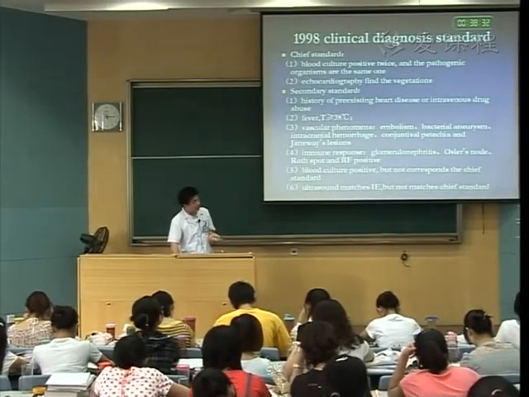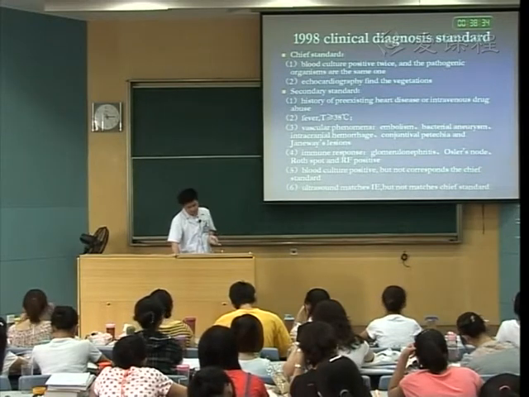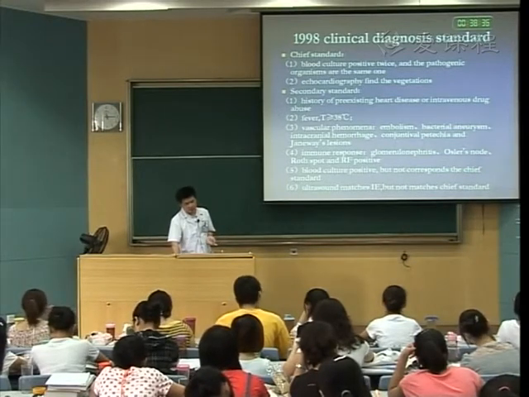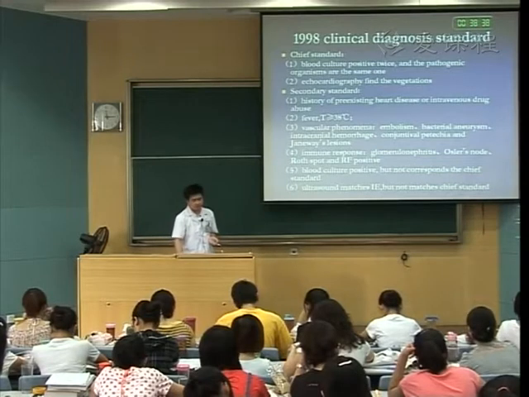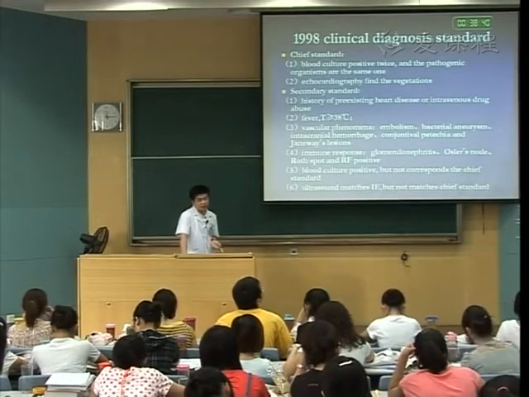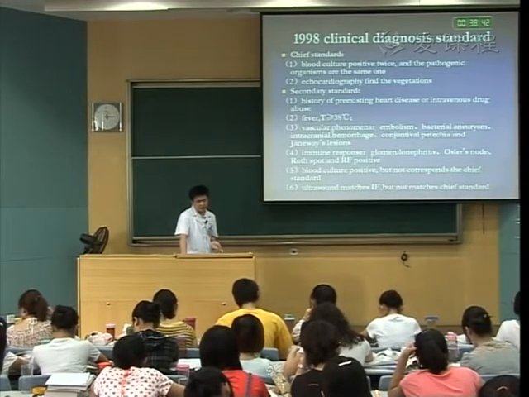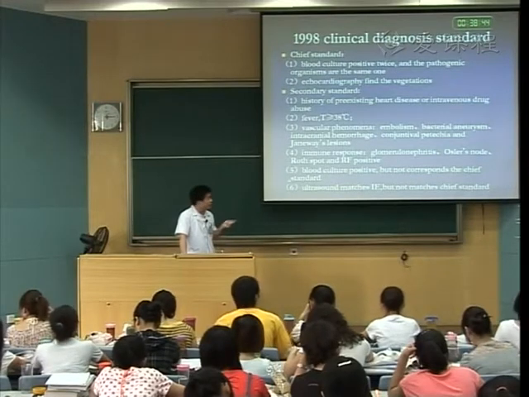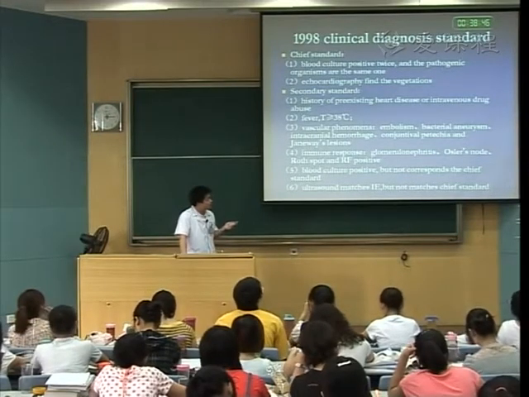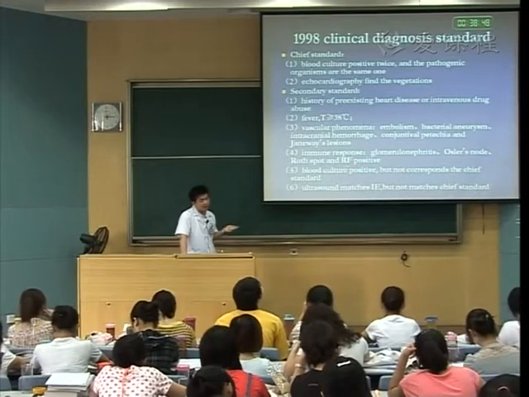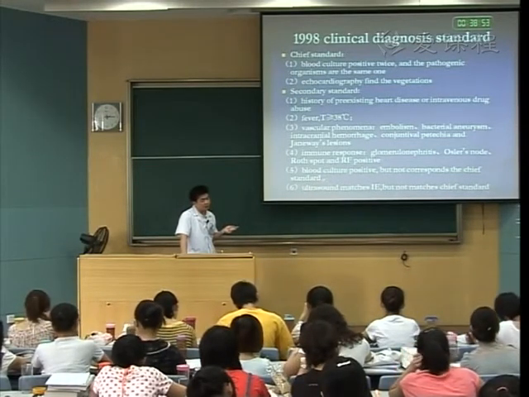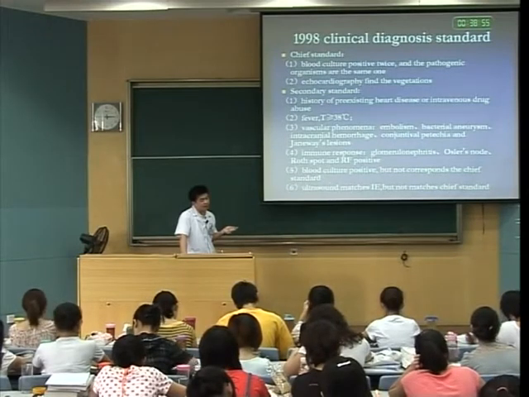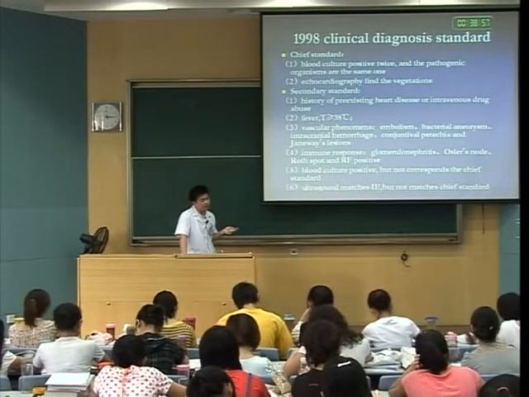All these signs are caused by immune system activation. Then there are other immune responses, like Osler nodes, Roth spots, and rheumatic factor positive. Here, we need to pay attention to the RF. RF is the rheumatic factor, the main marker of rheumatic disease.